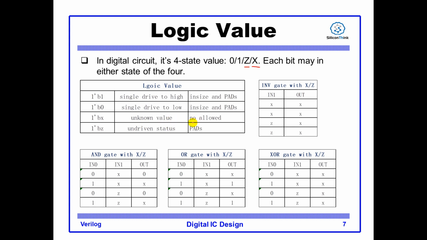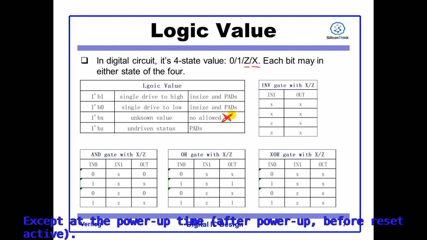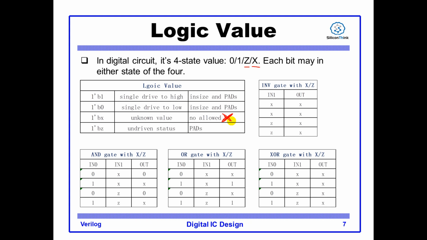Please note that X value is not allowed in the whole design. Usually this is not allowed, except at the power up time. After that, usually this X value is not allowed inside a circuit and in the I/O pad of a circuit. It may cause some problems.